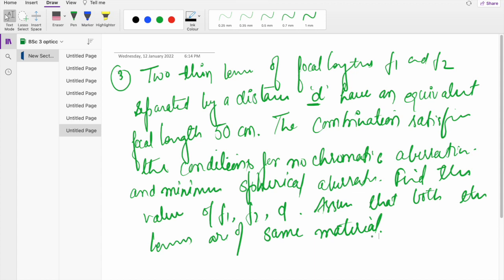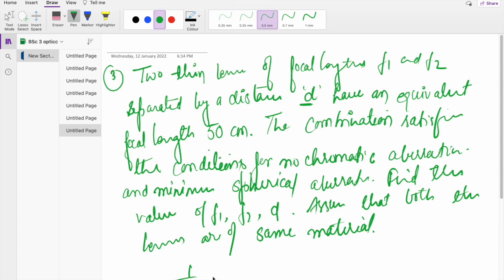So the question: we have two thin lenses of focal length f1 and f2 separated by a distance d. So we will take the combined focal length as 1 upon f equals 1 upon f1 plus 1 upon f2 minus d upon f1 f2.